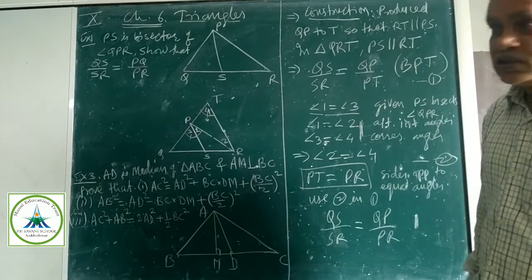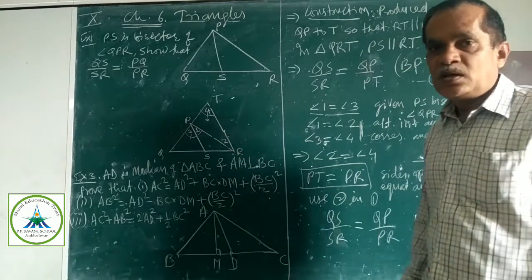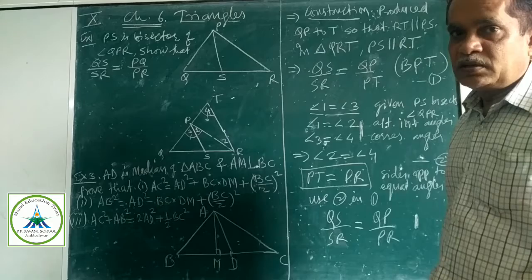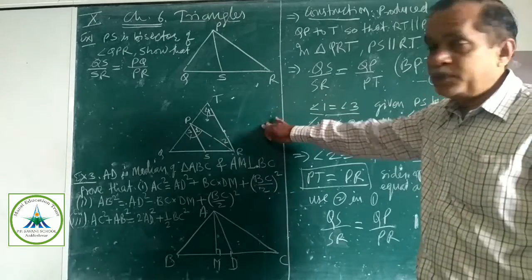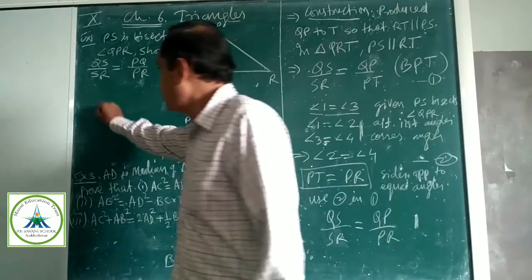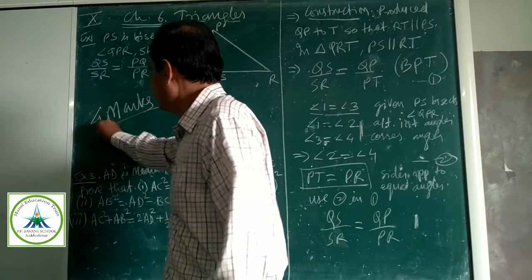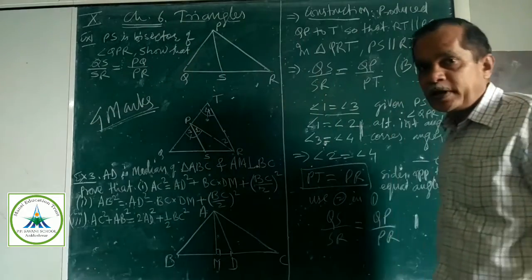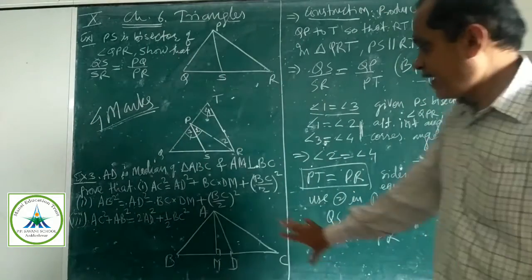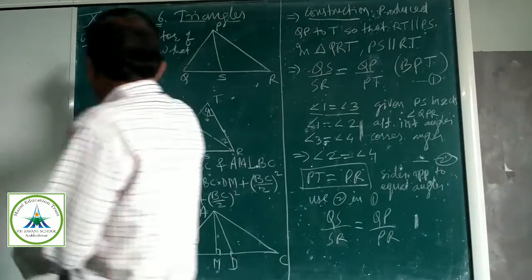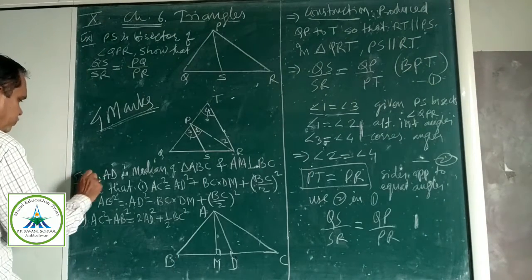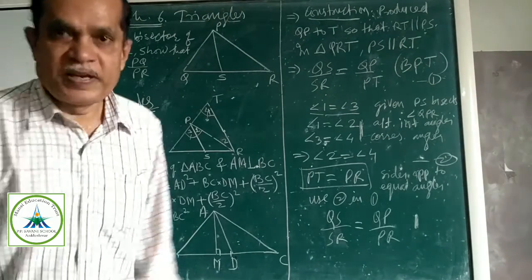And unless you practice such examples 2-3 times, it is very difficult to think. Such examples are coming for 4 marks in the board. Okay? Be prepared. Now we will take example 3. Very simple.